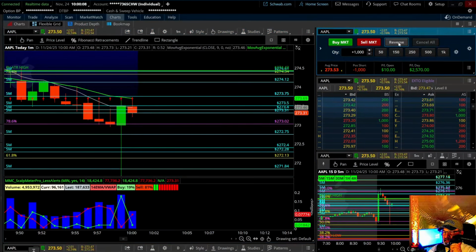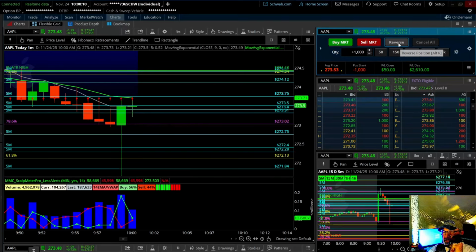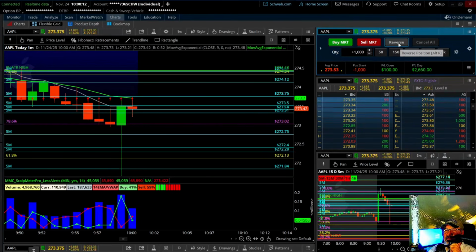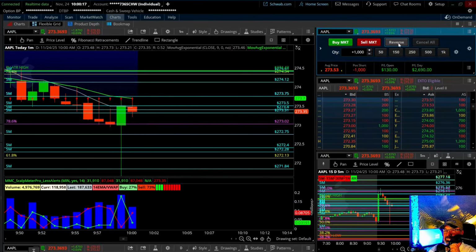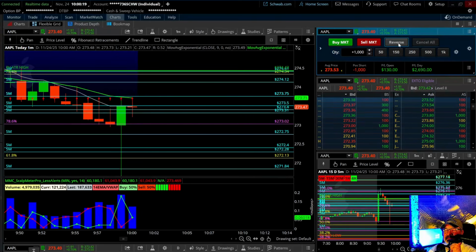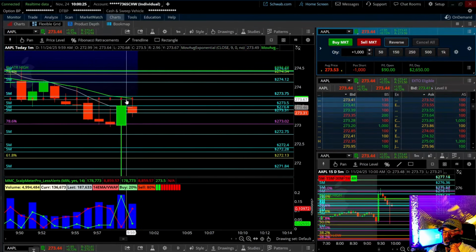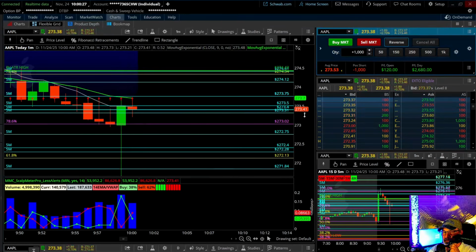I'm going to take that. So that is at 273.53 now. And I banked it to 2,800. So this is the bottom of the market magnet, which is one of the main reasons I reverse there.